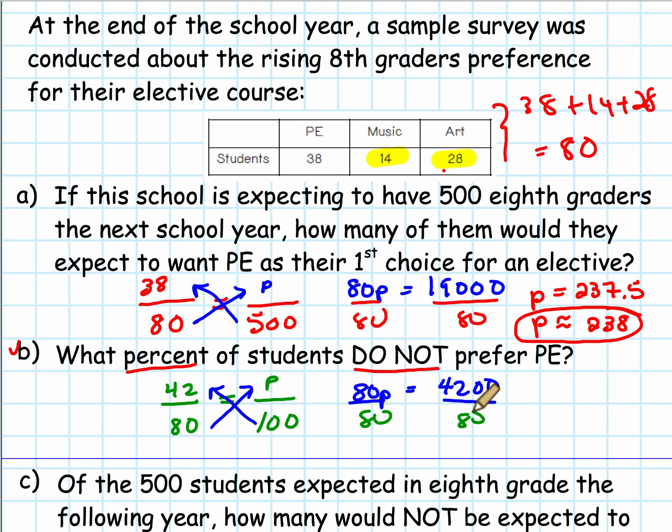And so my percentage is 52.5%. Of the students, 52.5% do not prefer PE.